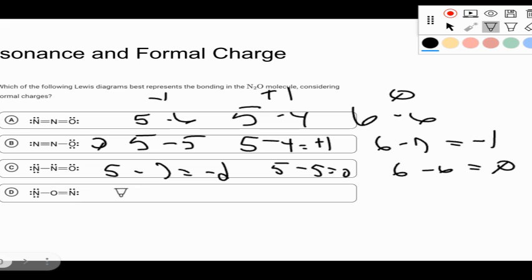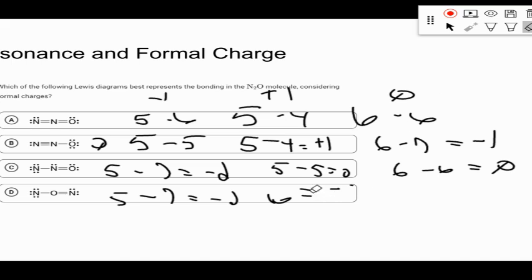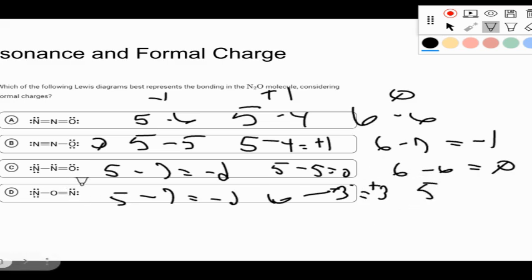And then my last one, 1, 2, 3, 4, 5, 6, 7 again. 1, 2, 3 around oxygen. It should be 6. And then my nitrogen, I have 5. 1, 2, 3, 4, 5, 6.